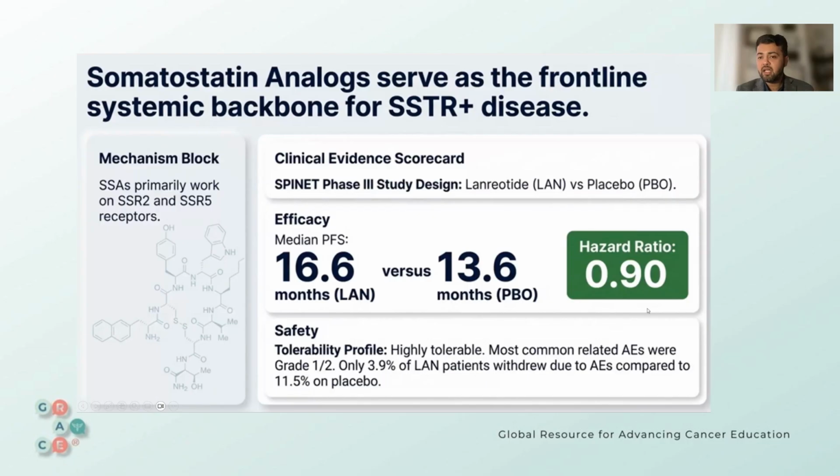And that's why we get the hazard ratio of 0.90, which means that there is a 10% improvement in progression-free survival, or living without progression. Very often, you would see oncologists talking about hazard ratio, or you would look into online information and find this hazard ratio as well. It's very important to understand what a hazard ratio is.